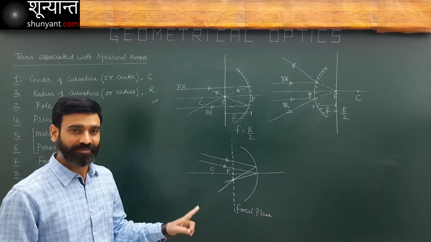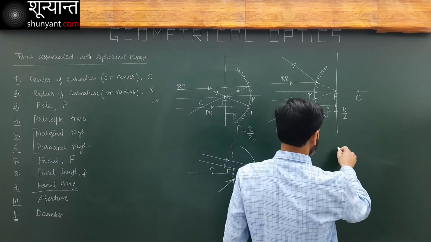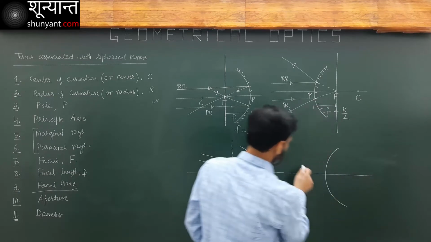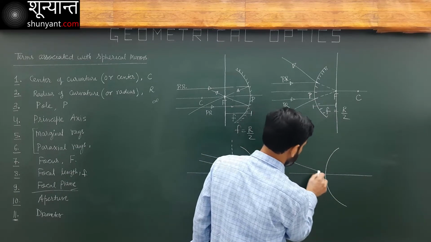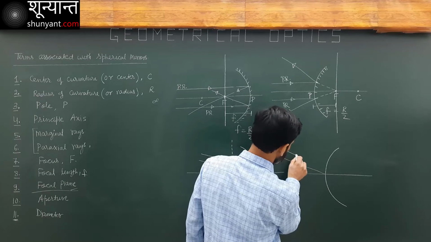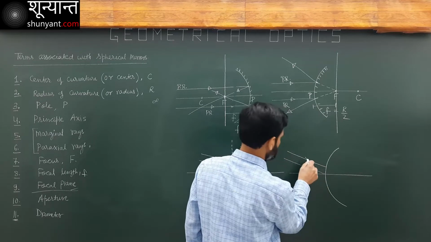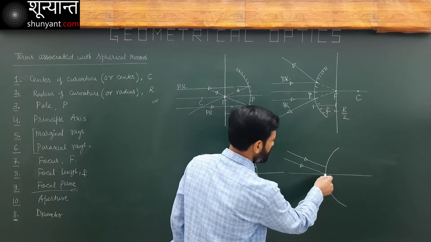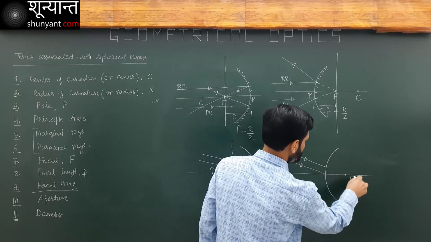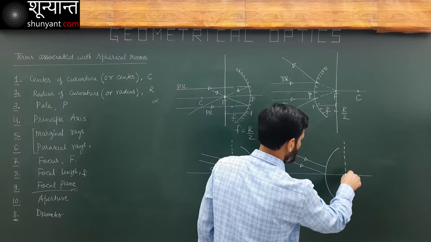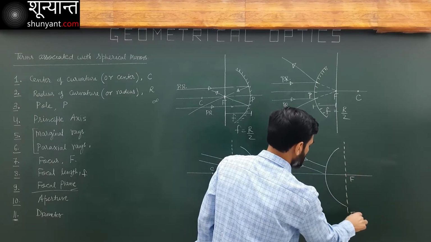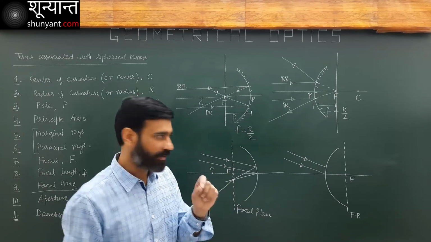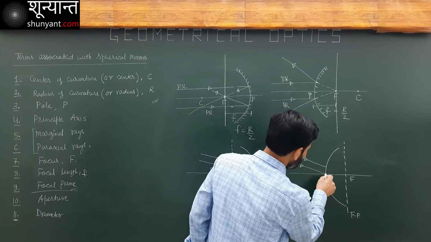Do you see the significance of this? Now here also the same thing happens. If I have this parallel beam, it is not parallel to the principal axis, but the rays are parallel to each other. It is going to be reflected like this. So this is my focus. This is my focal plane. It is going to diverge from a point on the focal plane.